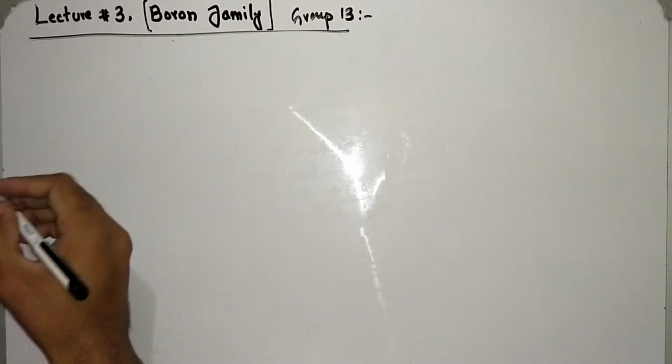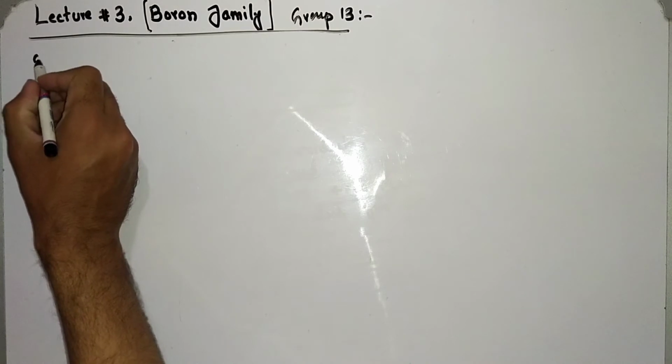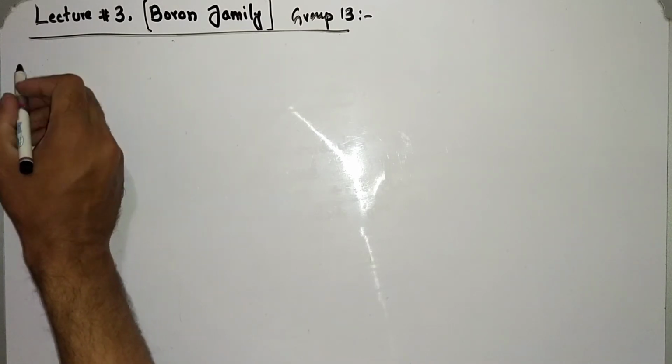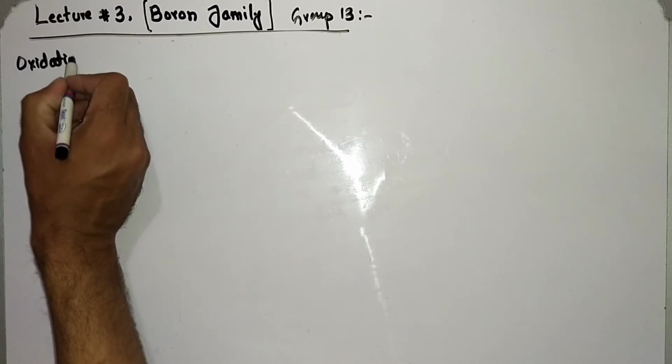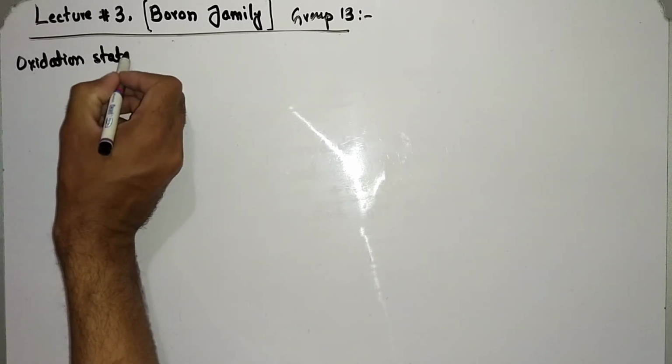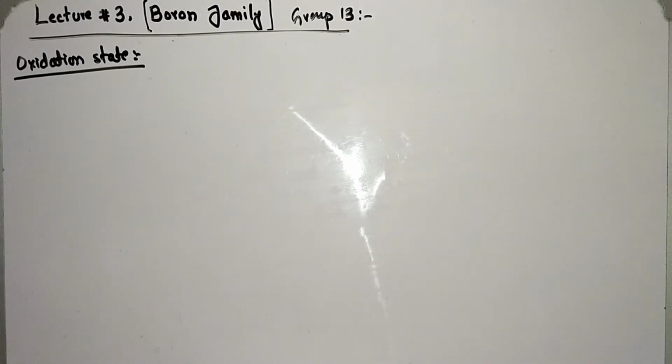Yeah, another general characteristic of the boron family is oxidation state. Oxidation state of boron family. Have you any idea about the oxidation state of the boron family? Okay, let's discuss.